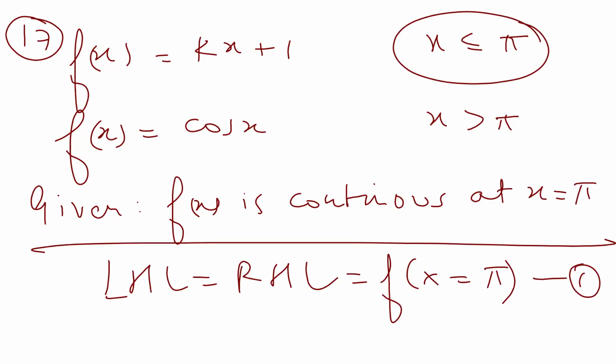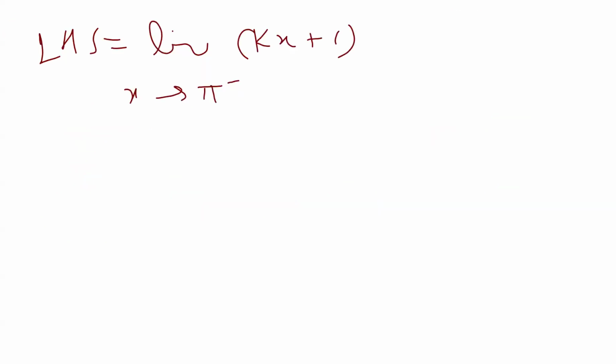We'll start with LHL. Limit x approaching pi minus. Pi minus is x less than pi. Less than pi is this, it is clubbed with equal to also. So kx plus 1. Okay. Let x is equal to pi minus h.